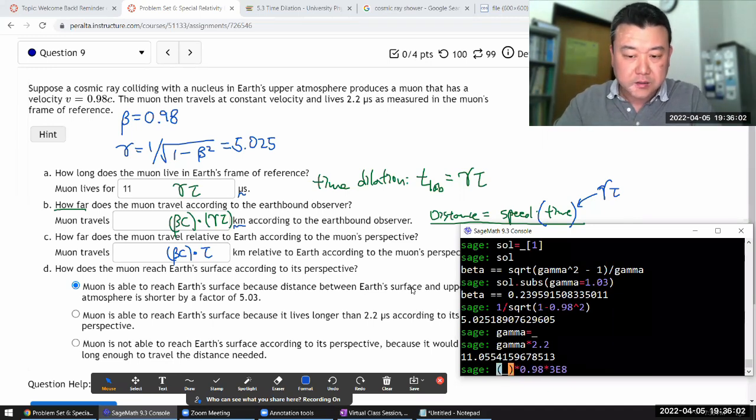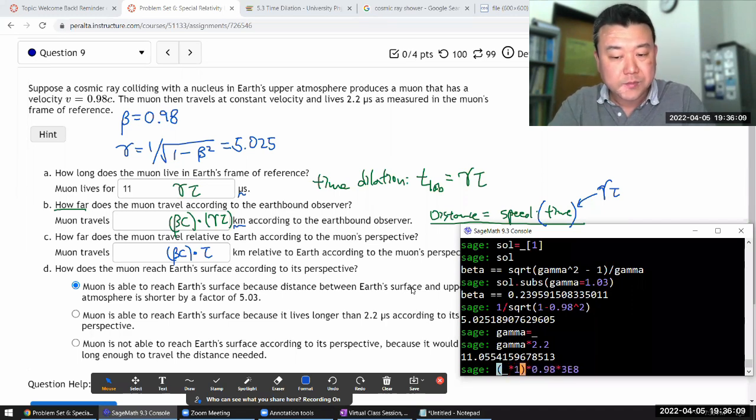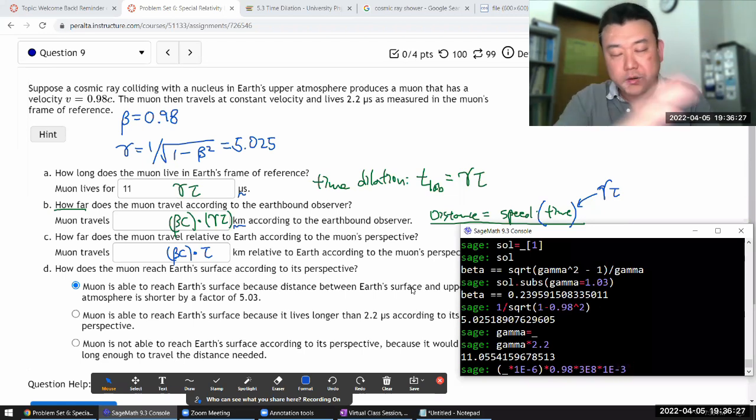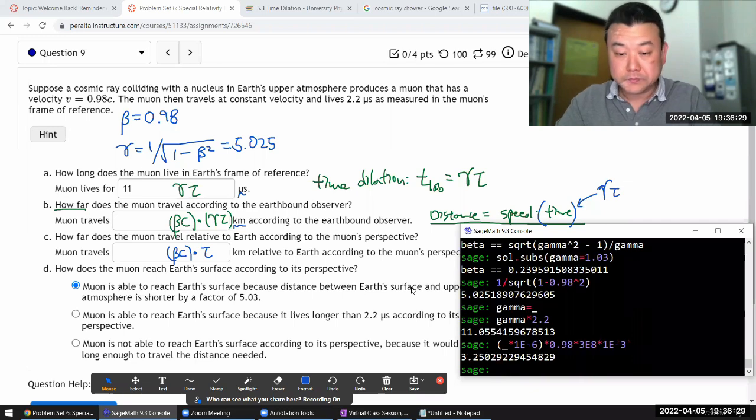This is the muon's lab lifetime, but it's in microseconds, so I need to multiply this by 1e minus 6 to convert from microseconds to seconds. All this will give me an answer in meters. I want that in kilometers, so I'm going to multiply it by 10 to the power of minus 3 so that the meter answer gets converted to a kilometer answer.